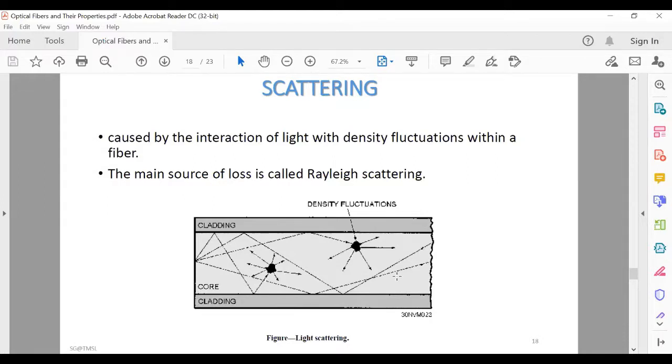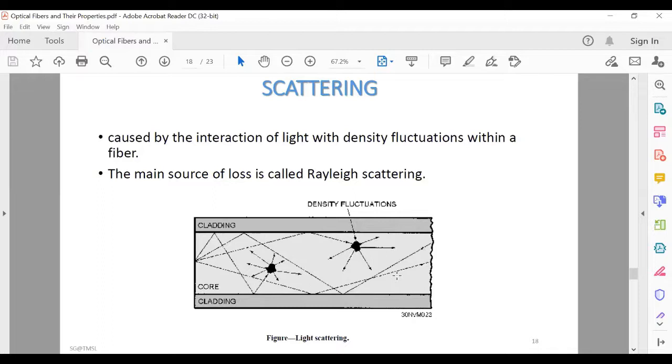You can see here light, after it is sent inside this fiber, is scattered in all directions. In commercial fibers, the main source of loss is called Rayleigh scattering. Rayleigh scattering occurs when the size of the density fluctuations is less than 1/10 of the operating wavelength of the light.